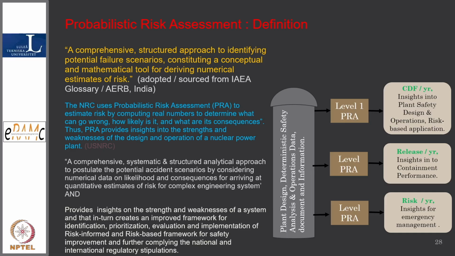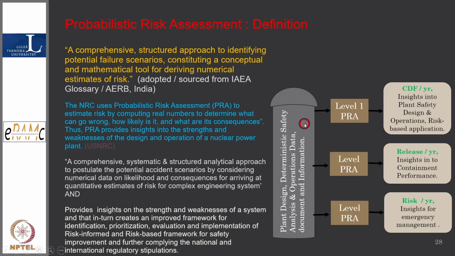It is normally used as a living tool, or as a risk monitor. The objective is to find out, even in normal condition, the strengths and weaknesses of the plant, so that our resources can be focused on the important risk significant or safety significant components more than on those which are not affecting much.